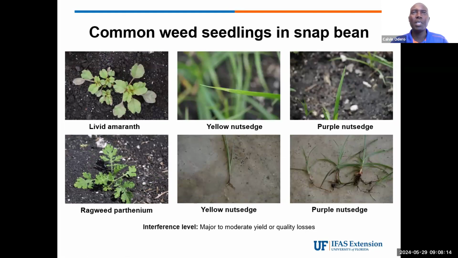And the easy way to tell the difference between the two is when you pull the plant, yellow nutsedge tubers, you'll find them growing at the end of the rhizomes, as shown in this picture here, while for purple nutsedge, the tubers will grow in chains. So if you pull any that is in chains, you'll know that it's a purple nutsedge. And these two will also cause major to moderate yield losses depending on the level of infestation.